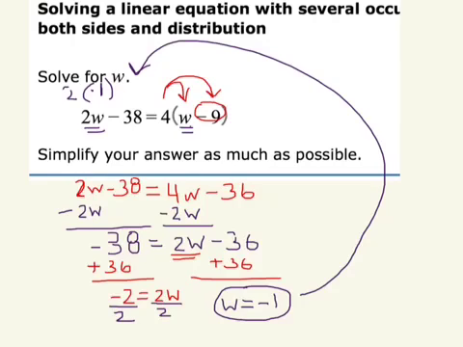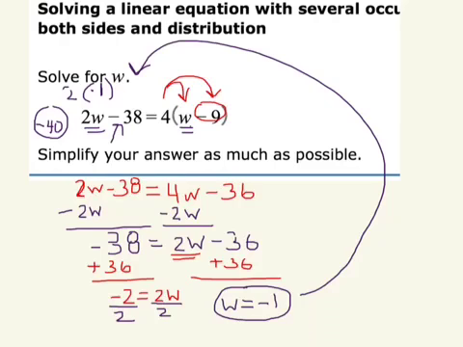This left side turns into negative 40. Are you following me? We had 2 W's. 2 times negative 1 is negative 2. And then I have a minus 38, and that turns into negative 40.